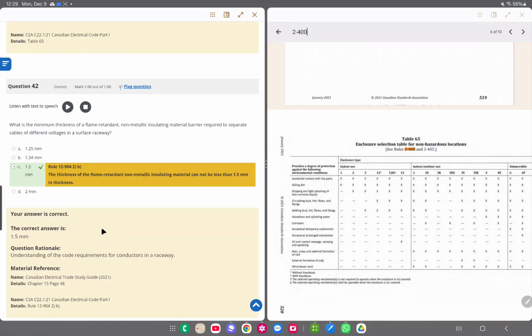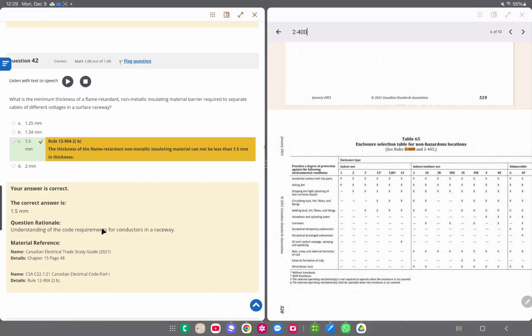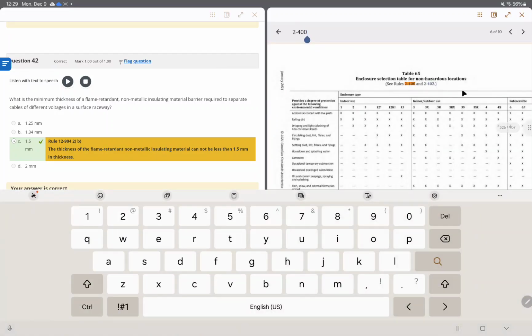So what is the minimum thickness of a flame retardant non-metallic insulated material barrier required to separate cables of different voltages in a surface raceway? Now, in a raceway, they're talking about raceways. We look in the table of contents.